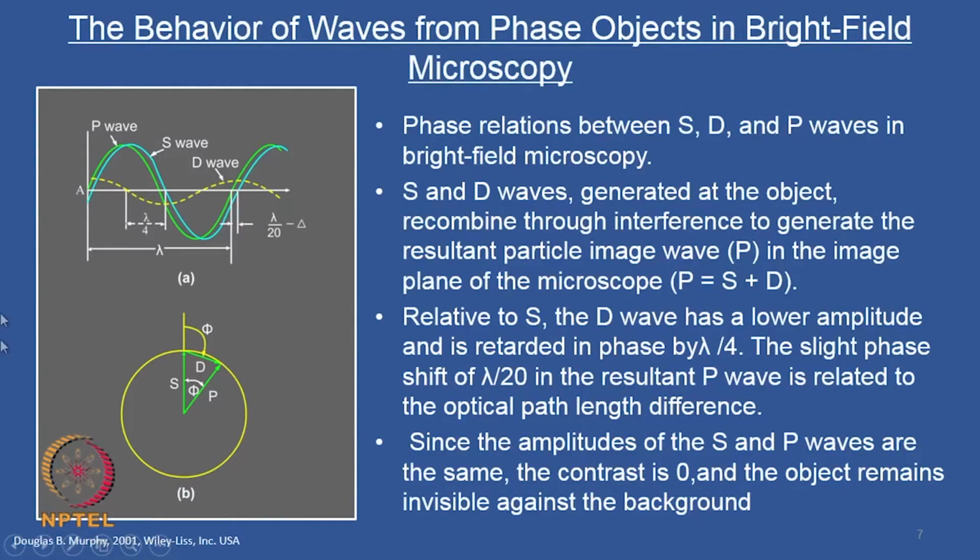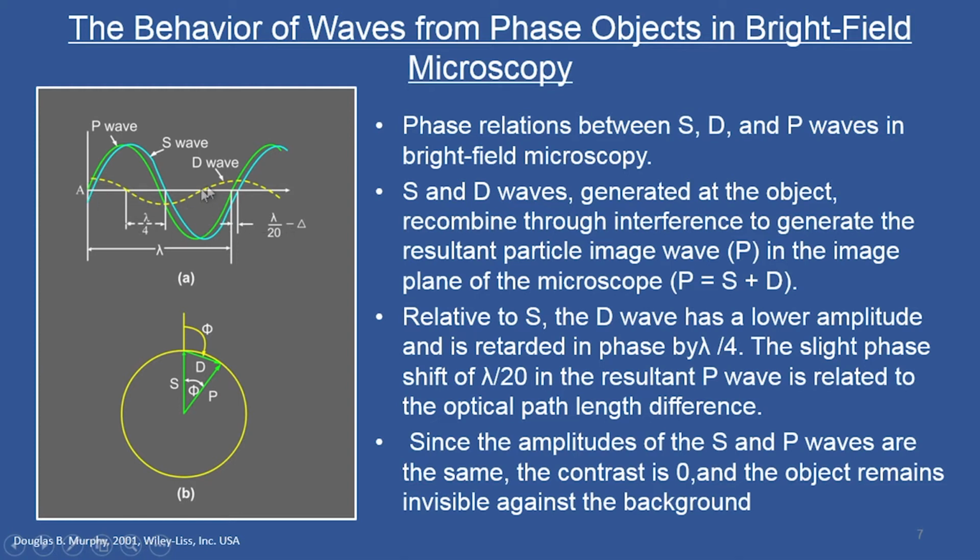So, with this background, let us look at this schematic. You have the S wave and you have the P wave. These two waves have a similar amplitude, but are shifted by a very small amount, lambda by 20. The retardation is only very small, lambda by 20.